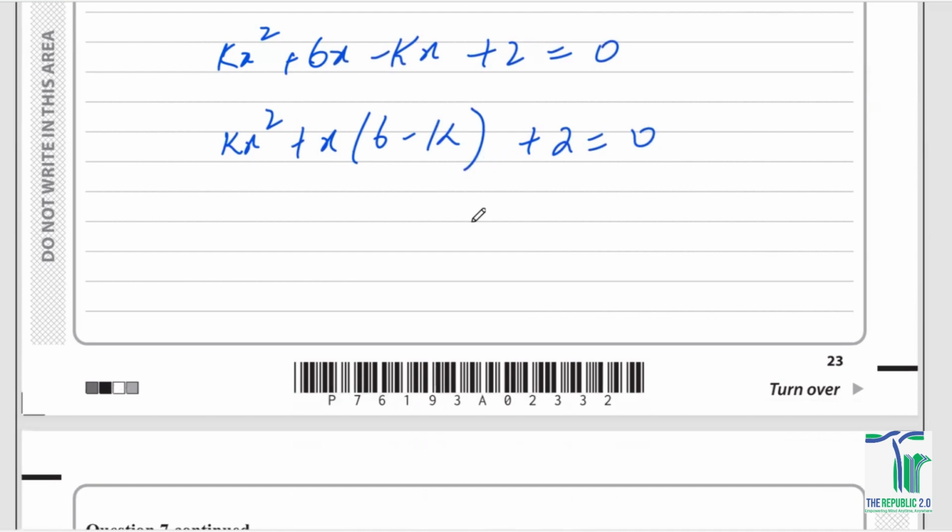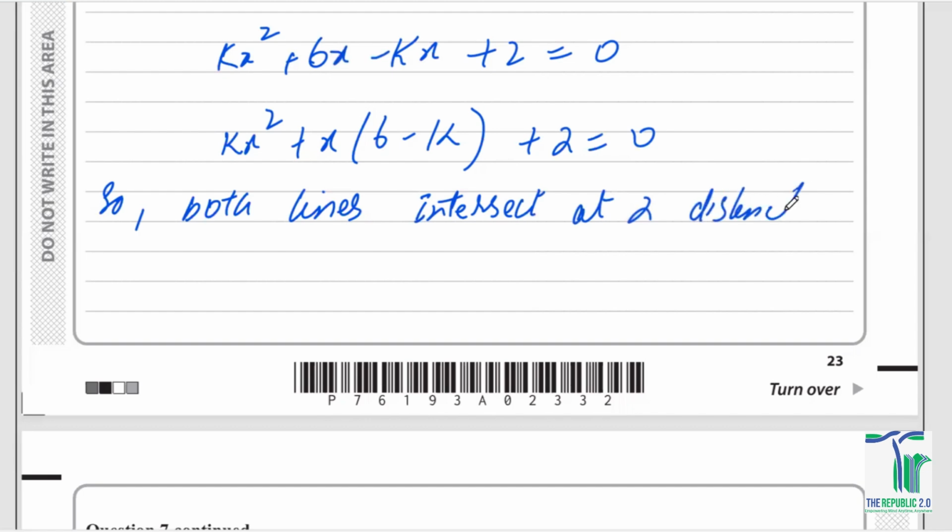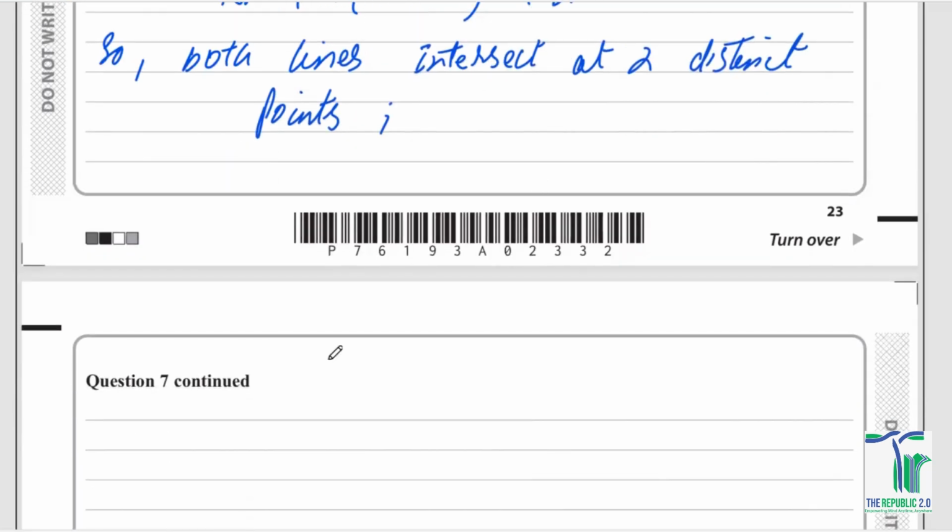That their discriminant has to be greater than 0. So both lines intersect at two distinct points. So if they are intersecting at two distinct points, what does that mean? That their b square minus 4ac has to be greater than 0.